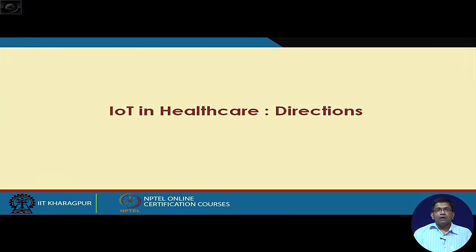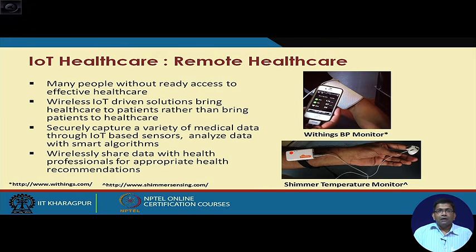So, there are different directions of research in IoT healthcare. Number one is remote healthcare, and this is where we have done a little bit of work in our lab. You have all these different sensors, the blood pressure monitor sensor, the temperature sensor and so on, which typically are developed by different vendors, different companies.